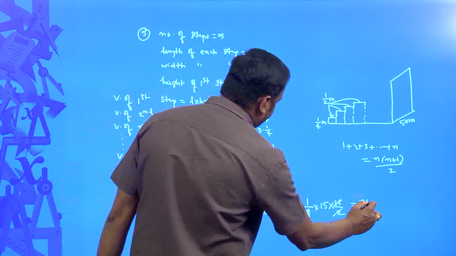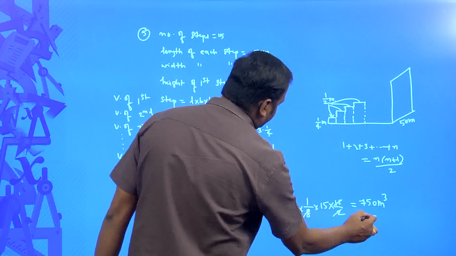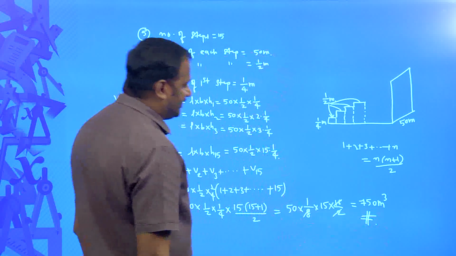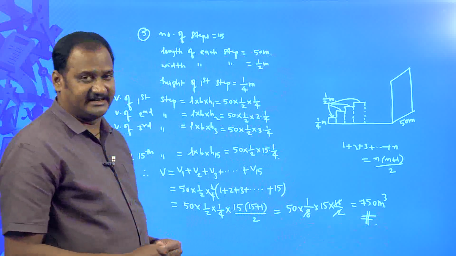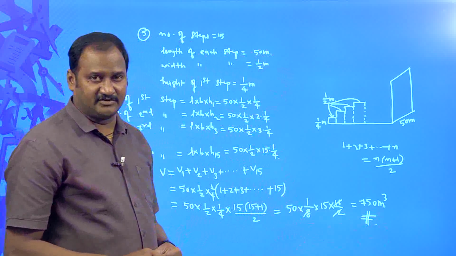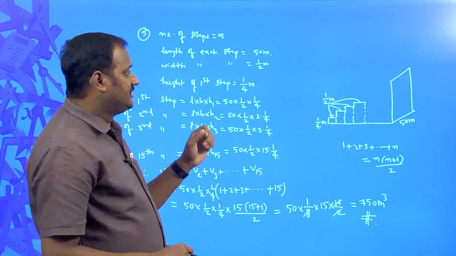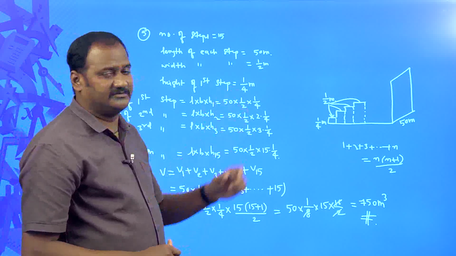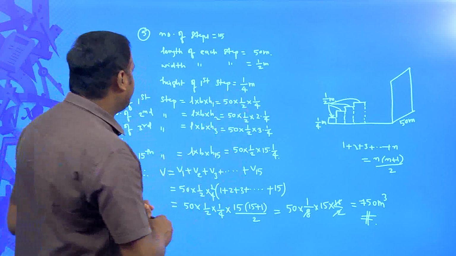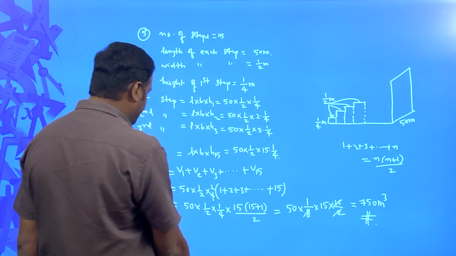So, 750 meter cube is the volume of the concrete required to build this terrace. So, hope you understand how to answer this problem. This is about the optional exercise of our exercise from arithmetic progressions. Then the next problem is going to be, so what is the next problem here?